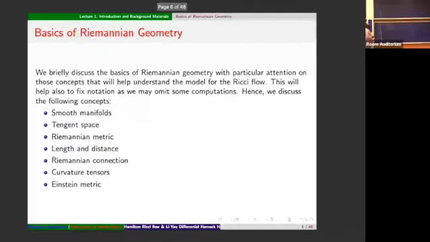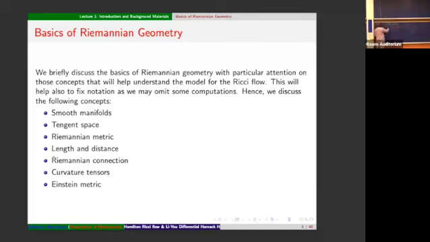And among those things that we mention, we will look at a smooth manifold. Yes, what is a manifold? Because all our work is on a smooth manifold.